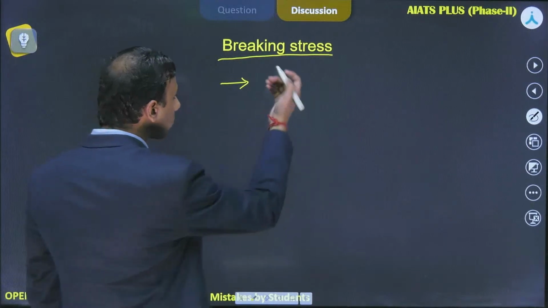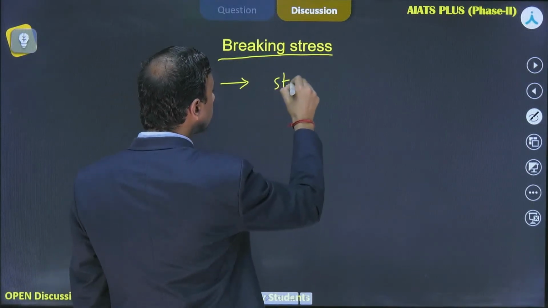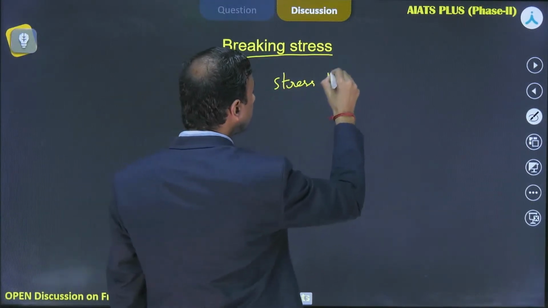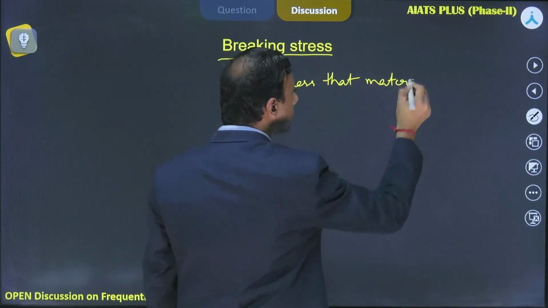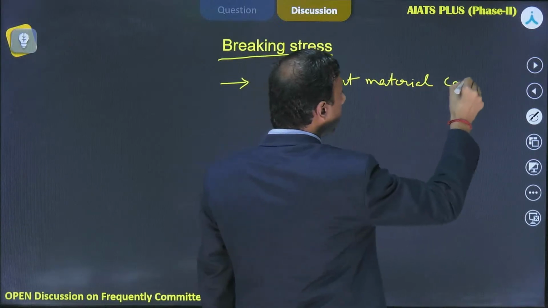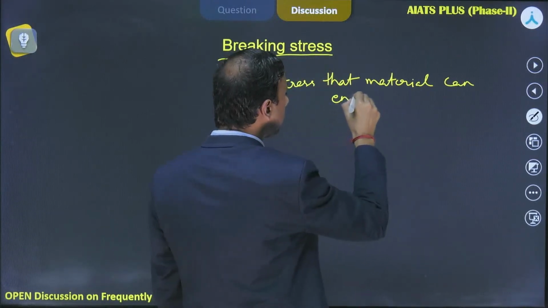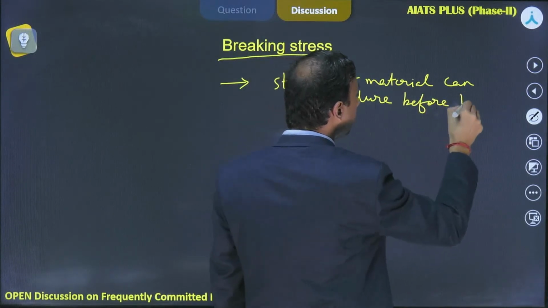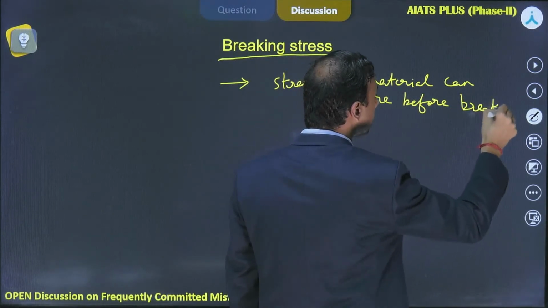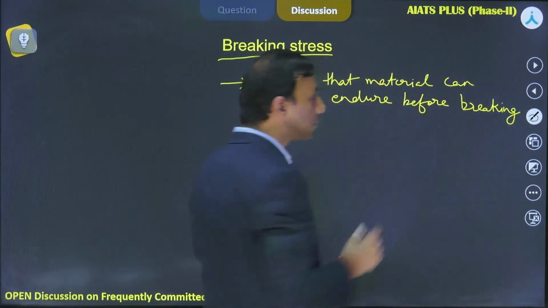Maximum stress that a material can endure before breaking. Okay.